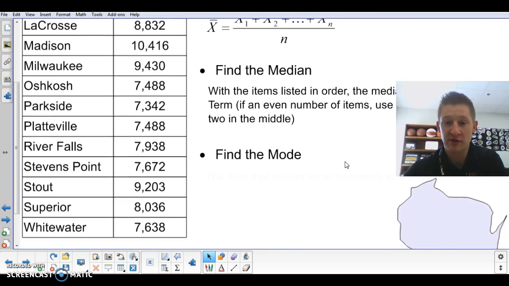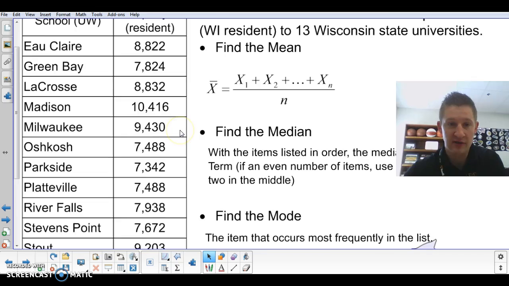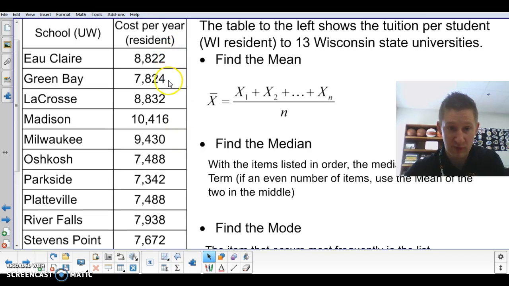The mode is going to be the number that occurs most frequently in your set or in your list. Okay, now let's pick out the mode right away because we'll do the other two with the calculator. The mode is just something that you can kind of eyeball by looking at the list of data. As I look through my list of data, is there a repeat number? Like, are there two schools that charge the exact same amount?